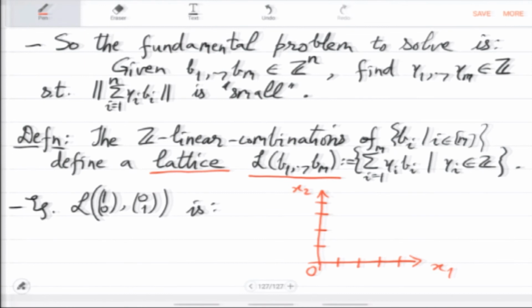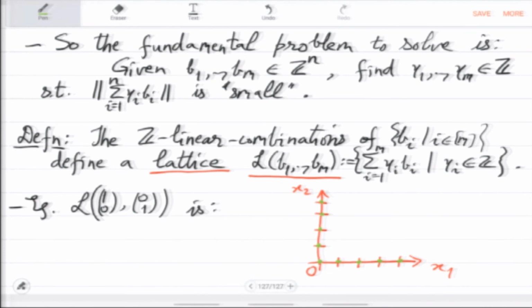So where will the lattice points be? Of course 1 0 is a point, and 0 1 is a point, and in their integral combination the origin is also a point. But then you can double 1 0, so this is a point, you can triple it, you can make it 4 times, and similarly in x2.